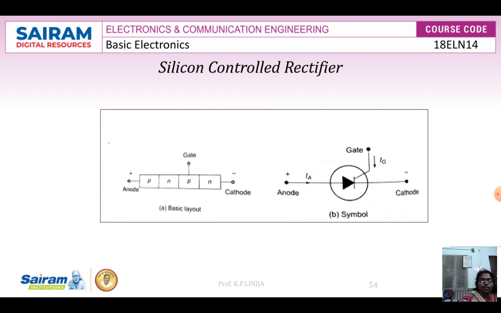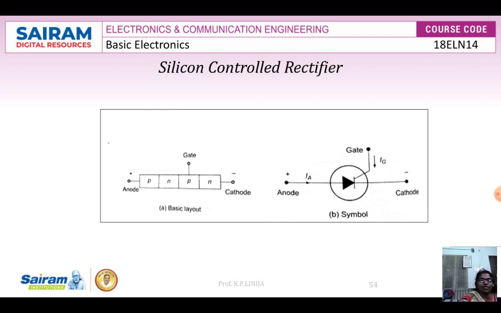It is called a 4-layer device, and the upper layer is connected to a terminal to form the anode, and the lower layer is connected to a terminal to form the cathode. Now you can see that the P layer very close to the cathode is connected to the gate terminal.